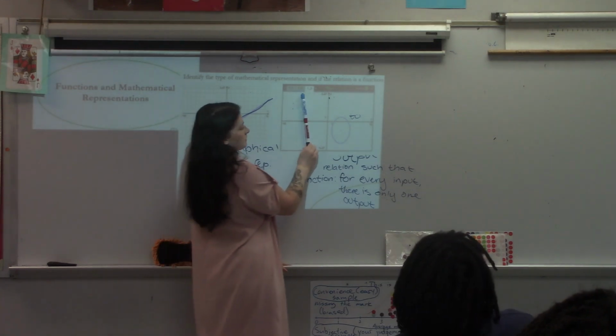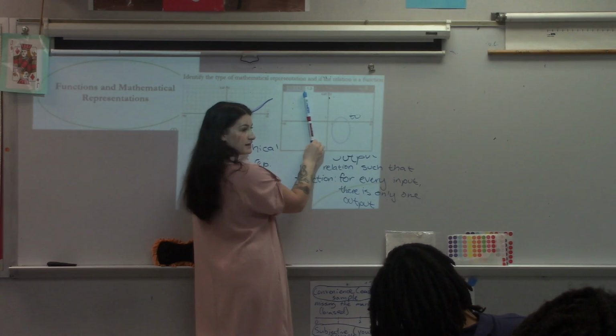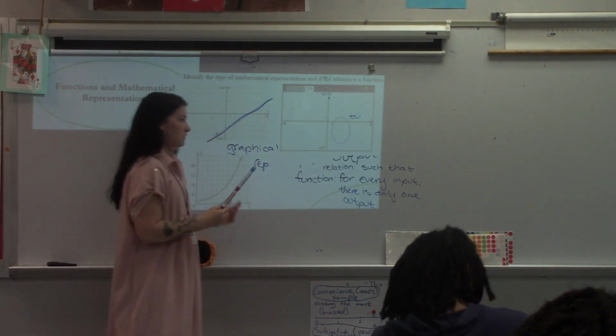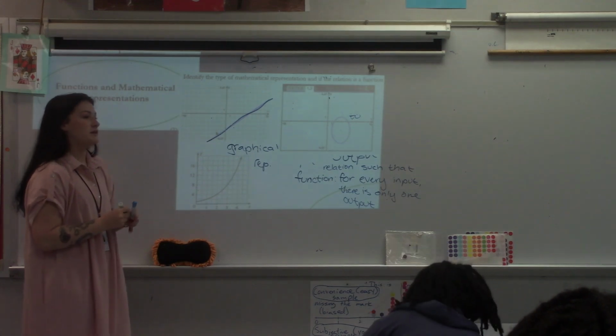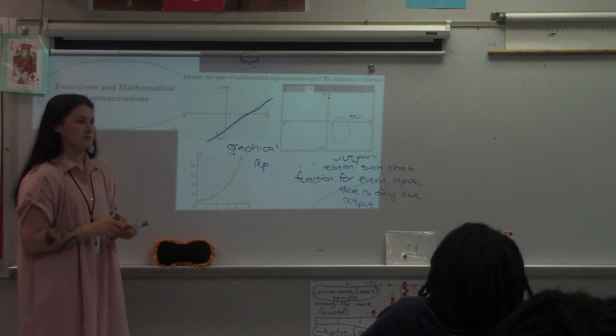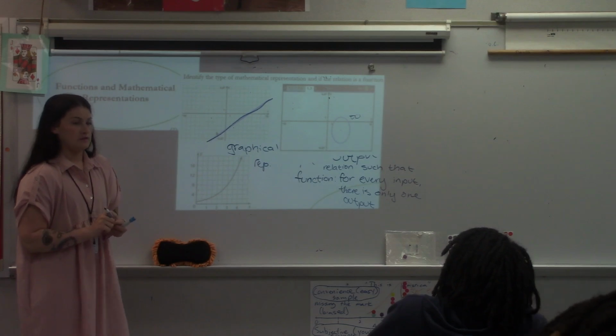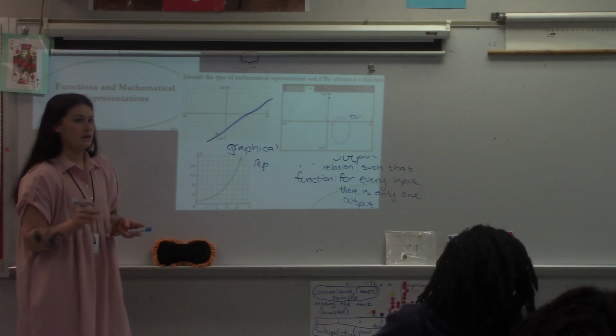What about this one? Does this pass the vertical line test? No. Why not? It's a circle. Yeah, it's hitting it 2 times. So if you can see, the input is which? Is it our independent or dependent variable? Independent, so it's our what value? It's our x.